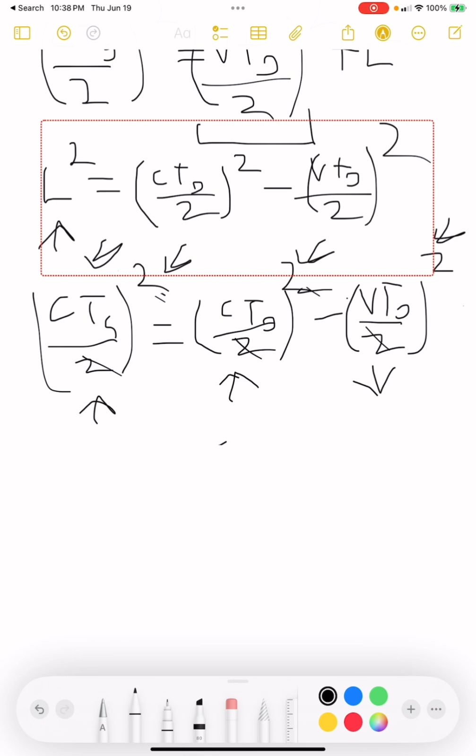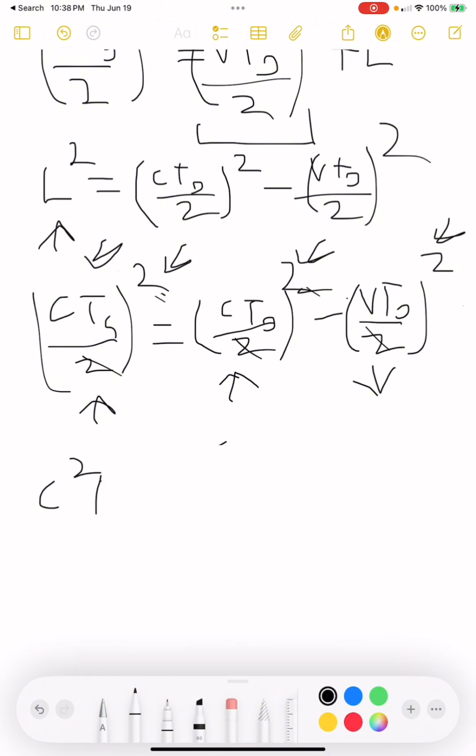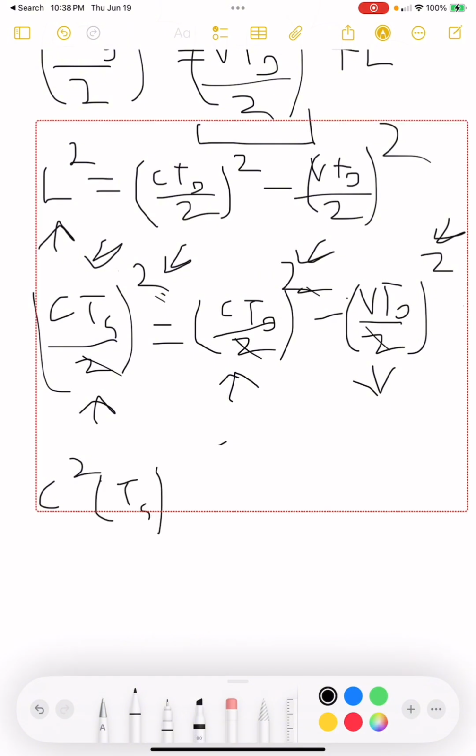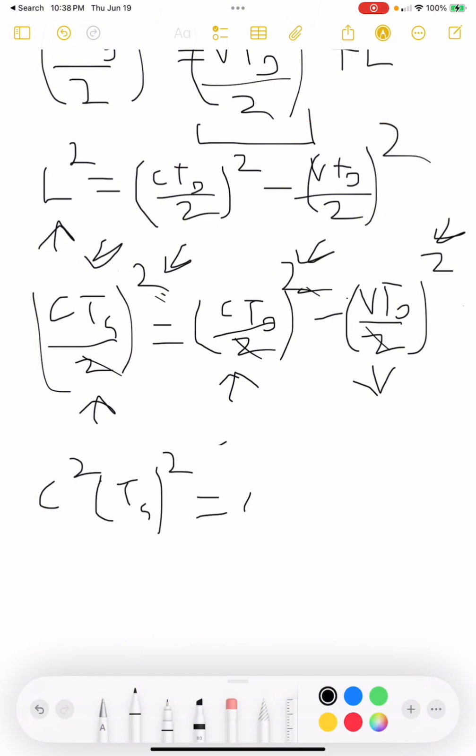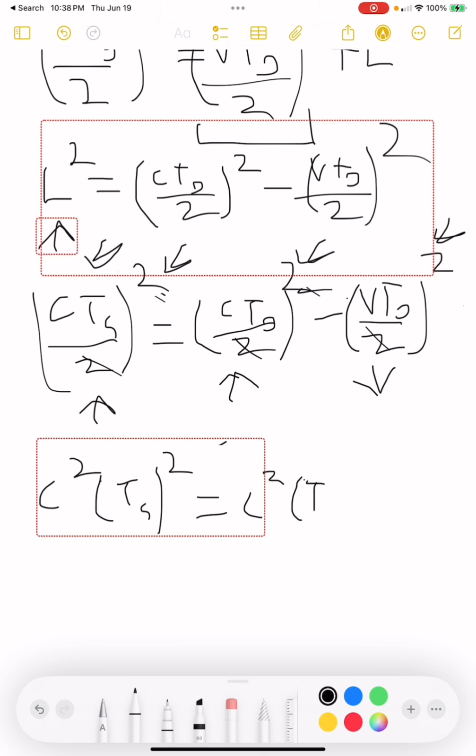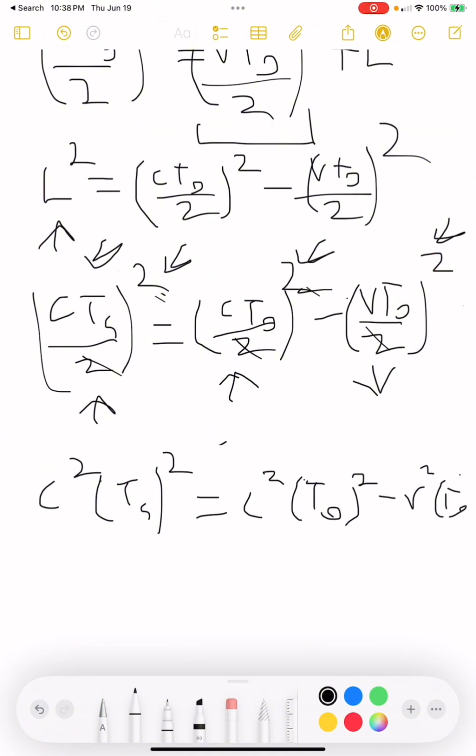So what we can do is just simplify this. We get c squared t of s squared equals c squared t of 0 squared minus v squared t of 0 squared. I don't have a lot of space right there.